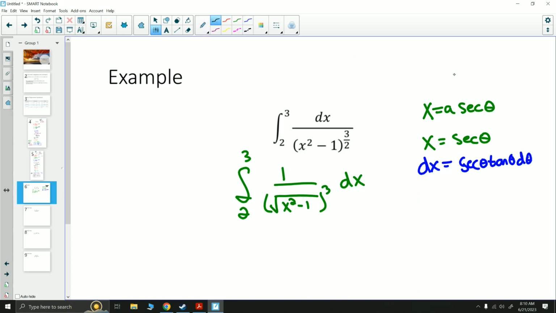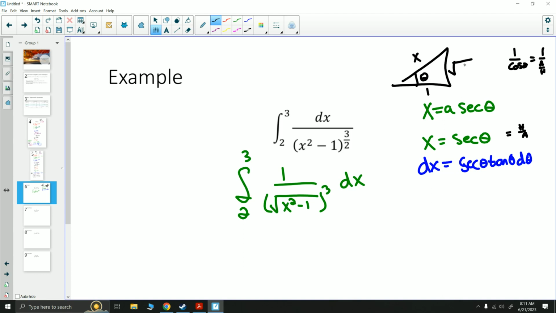And our triangle, if this is theta, again, secant, as a reminder, is 1 over cosine. And that's 1 over adjacent over hypotenuse, so it would be hypotenuse over adjacent. Okay, so hypotenuse x over adjacent 1.